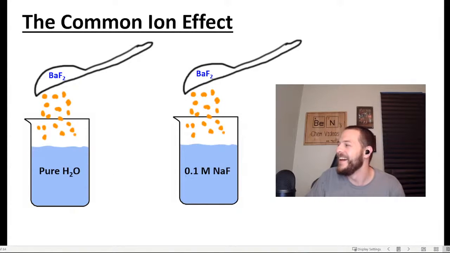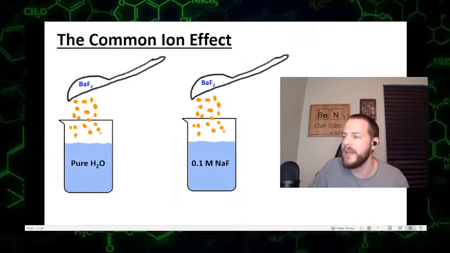That's the question. And the answer is that the solubility of barium fluoride is actually going to be lower when you put it in a solution already containing some fluoride than when you are just putting it in pure water. To demonstrate this, I'm going to take you back to the whiteboard, and we're going to pull that barium fluoride equation back up again.